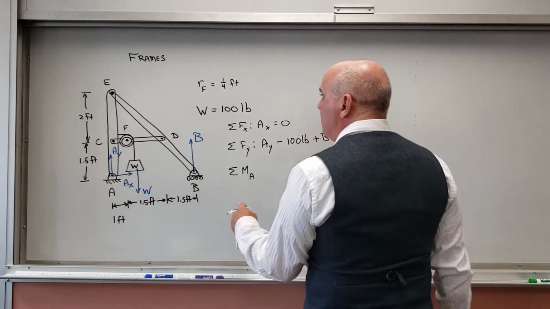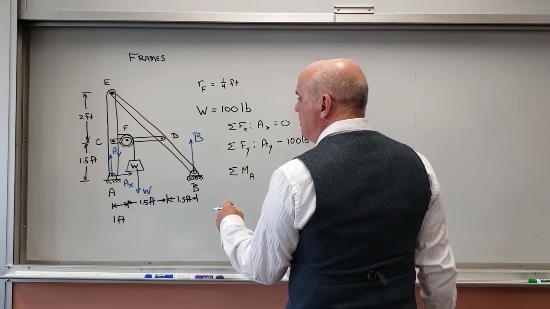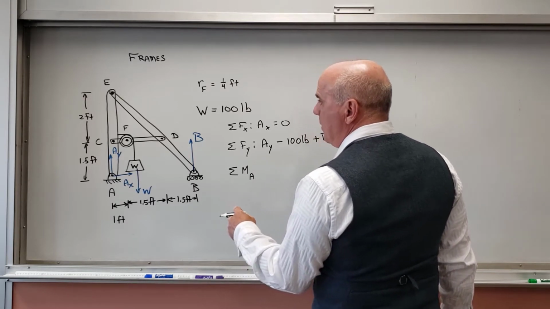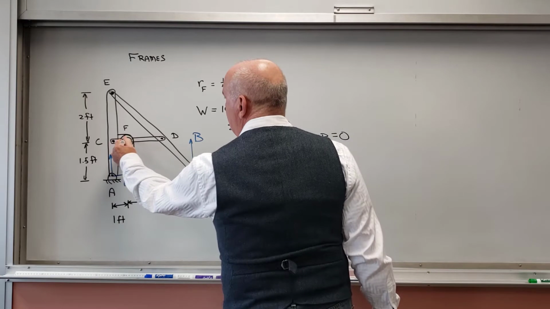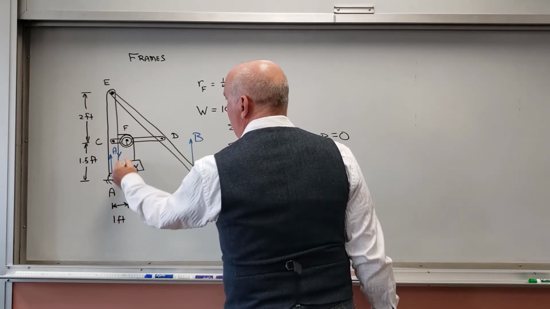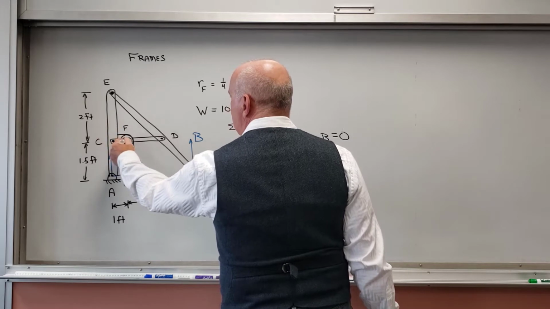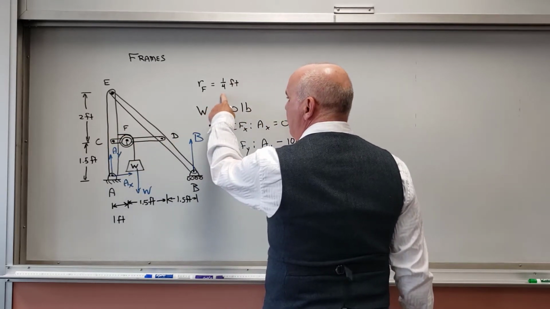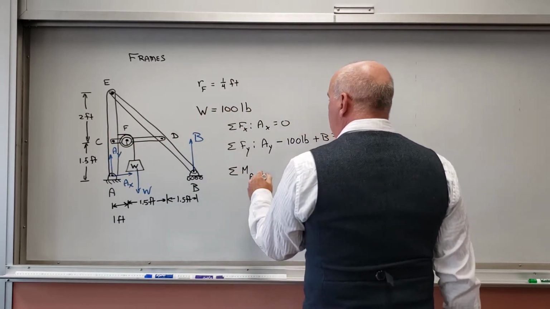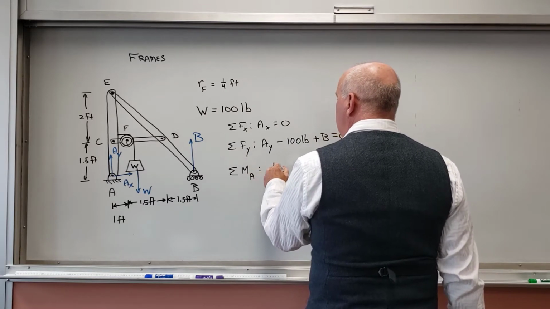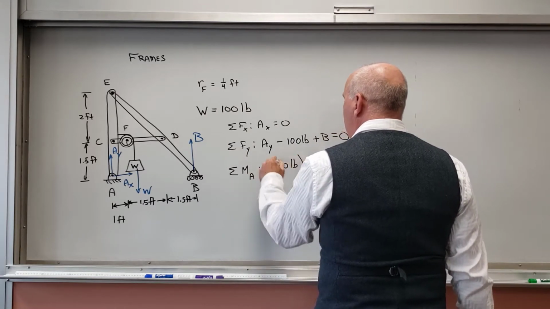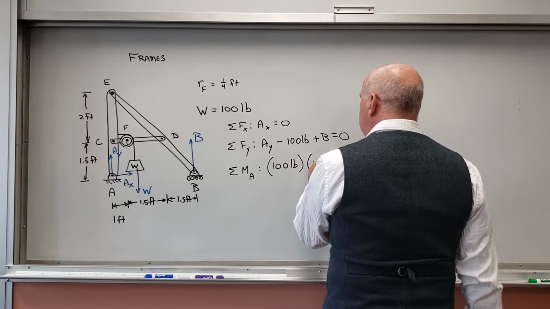So I'm going to get W, let's see, so W, this point right here as I go down is 1 foot from the origin, or that y-axis, and then the radius of the wheel is 1/4 foot. So that's going to be 100 pounds times 1.25 feet.